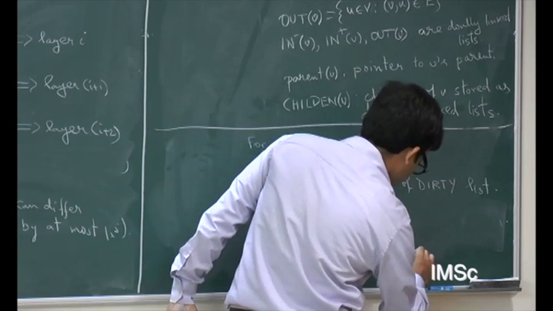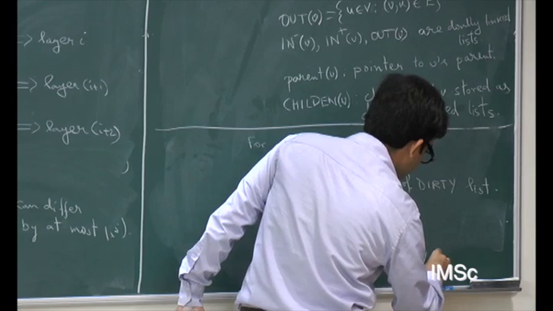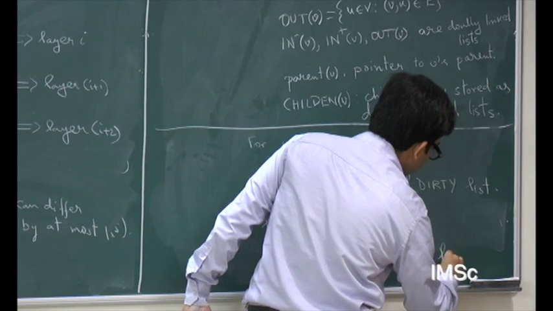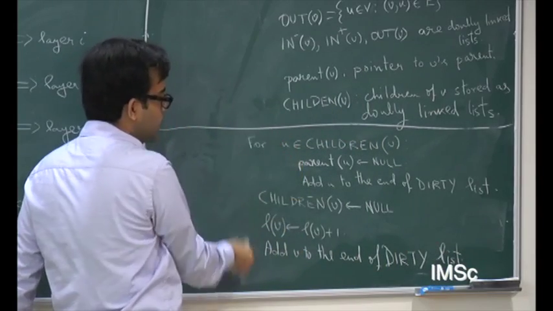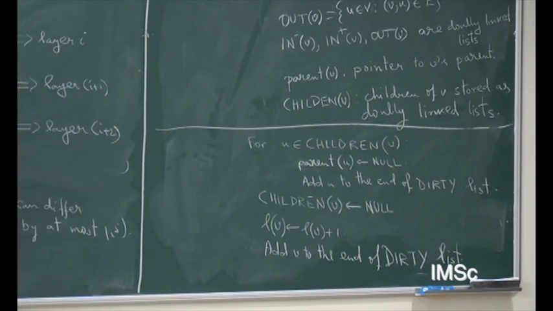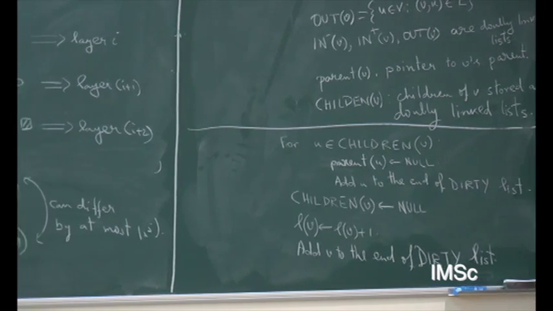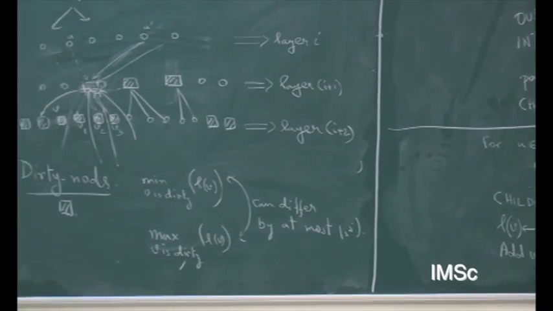So whether we add it after the children or before the children, it shouldn't matter. It doesn't matter. But you need to ensure that all these guys are added at the end and not in the beginning, because you need to clean up level i plus 1 first before going to level i plus 2. So this is the complete pseudocode.